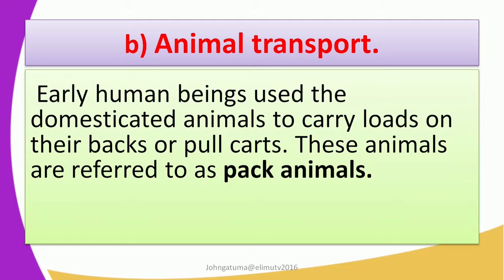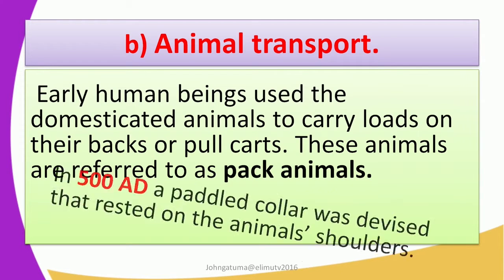These animals were referred to as pack animals. The use of domesticated animals to carry goods on their backs, pulling carts or mkokoteni, gave birth to animal transport. The animals used were known as pack or draught animals.